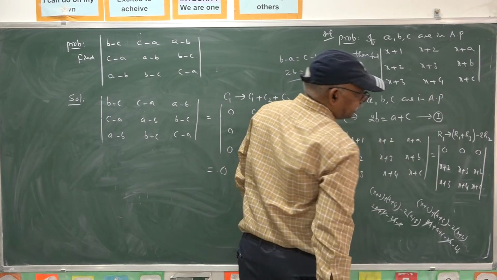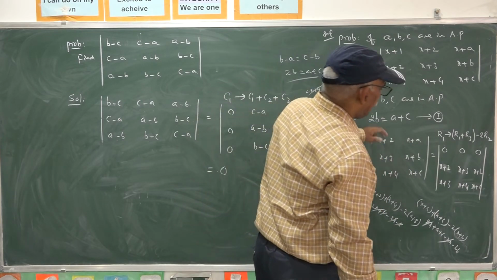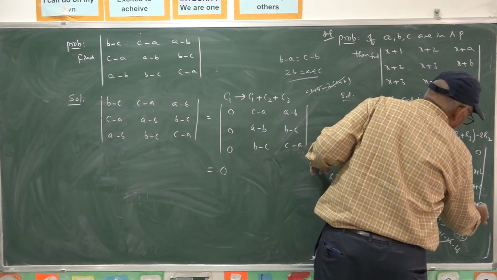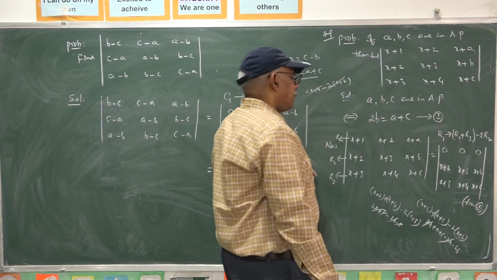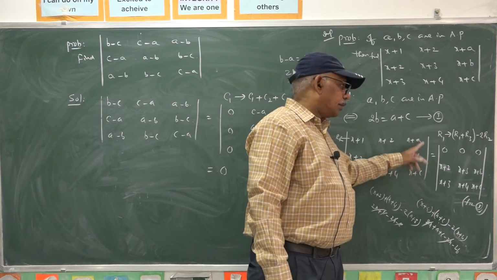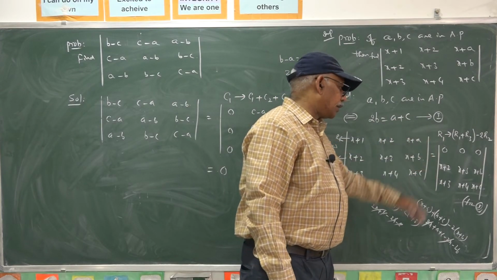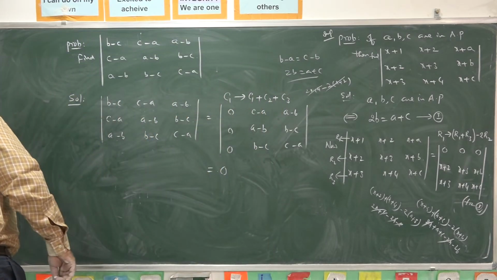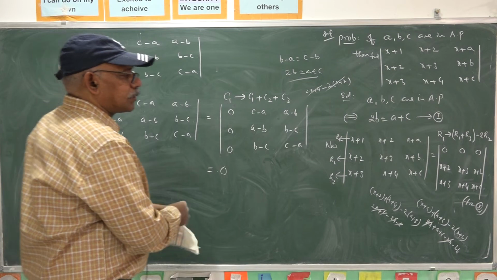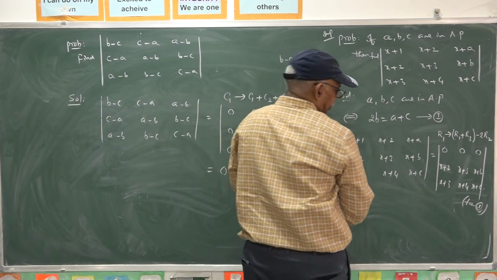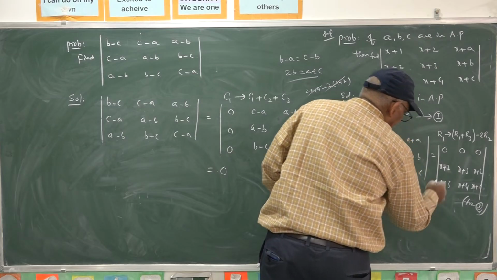Similarly for the other one. Because a plus c becomes 2b, this element also becomes 0. So the first row elements all become zeros. Hence the determinant is clearly 0.